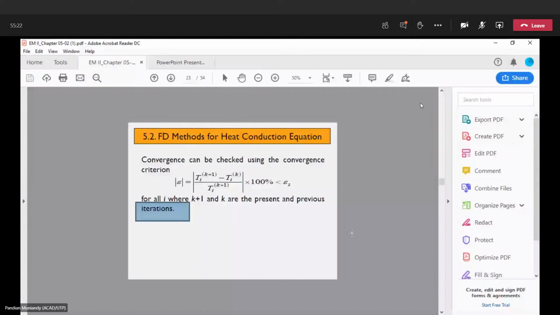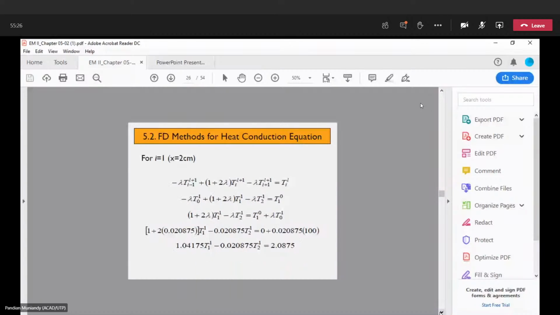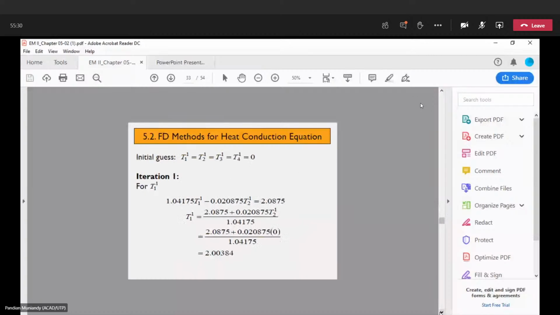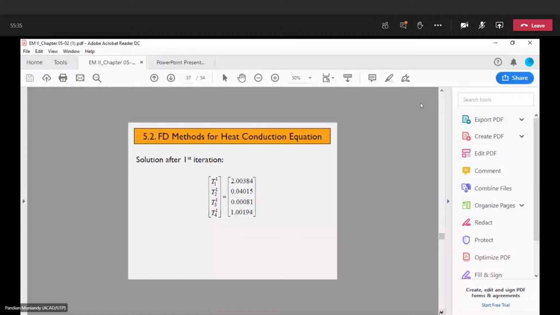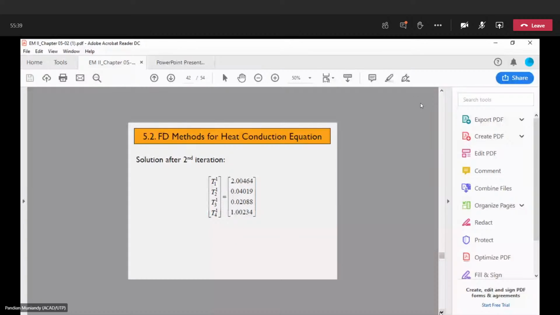For the simple implicit method, we used two iterations: iteration 1, T1, T2, T3, T4, and iteration 2, still you calculated T1, T2, T3, T4. They stop here, but we went one more step ahead to calculate the error.